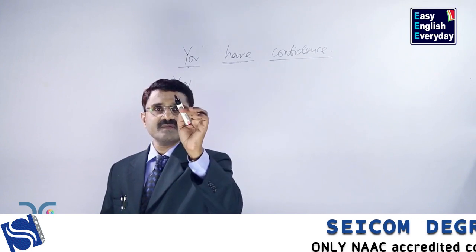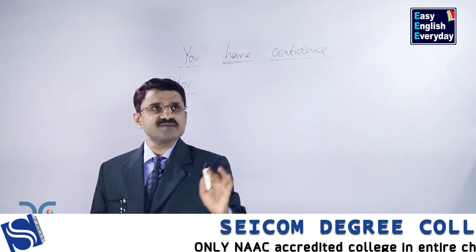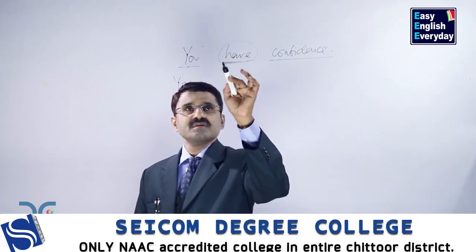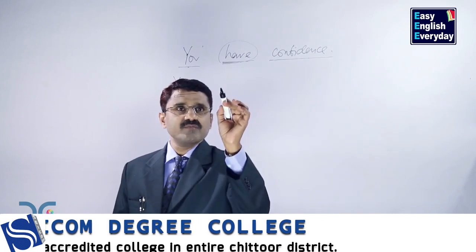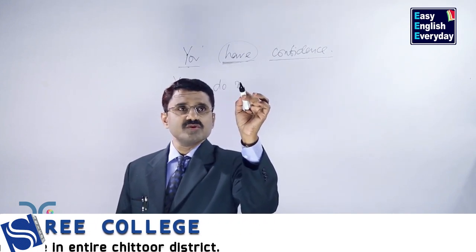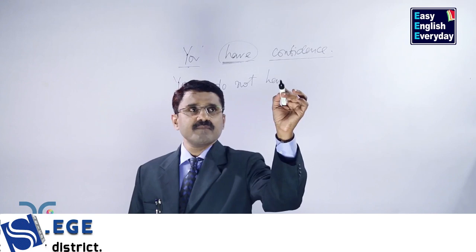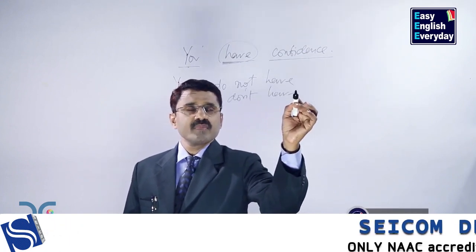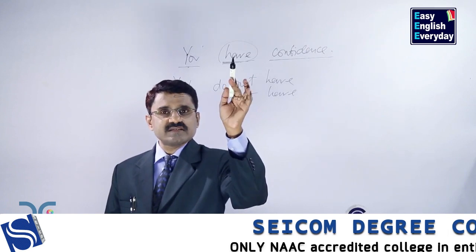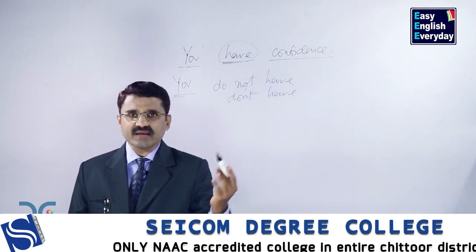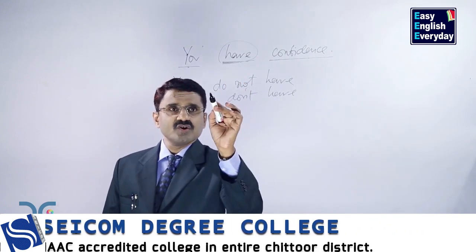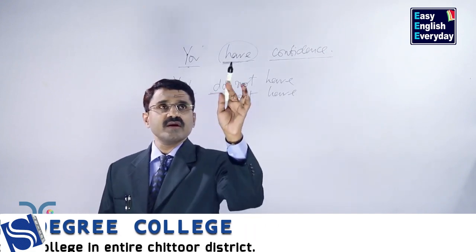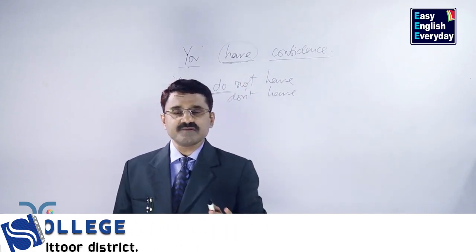Keep the person as it is in his place. Now see carefully, have becomes do not have or don't have. Because when you convert this sentence from positive to negative, your job is to concentrate only on the positive form and the negative form.